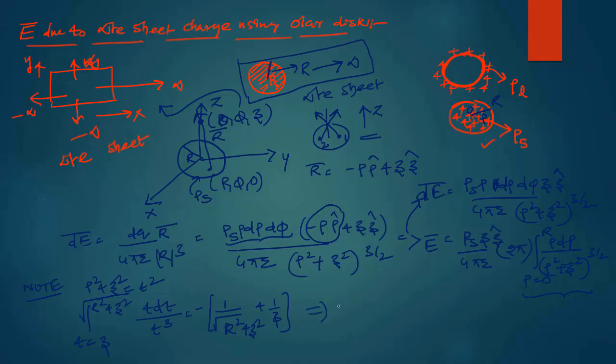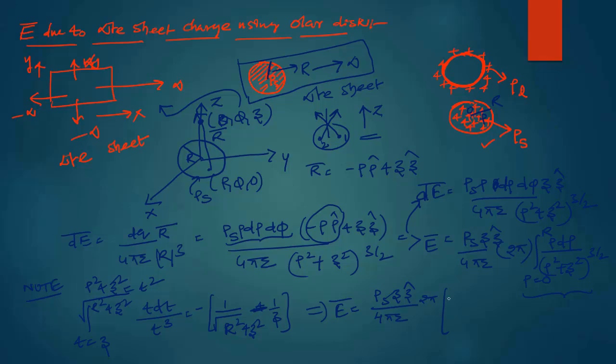Now the total electric field, we can write as rho s z z dash by 4 pi epsilon into 2 pi. Sorry, here it is minus the lower limit we have to substitute.